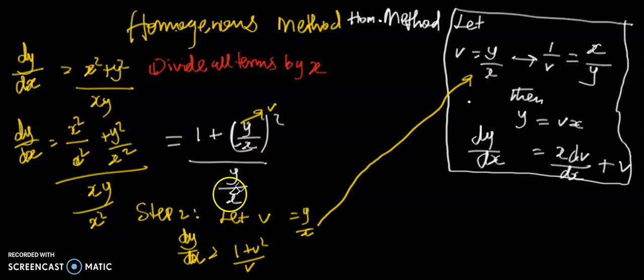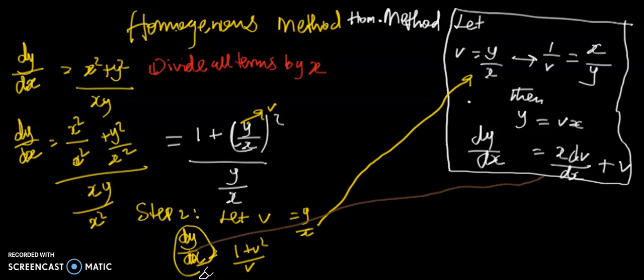What we have to do now is to replace dy over dx. If you remember what I said, dy over dx is simply x dv by dx plus v. So we are going to replace this.